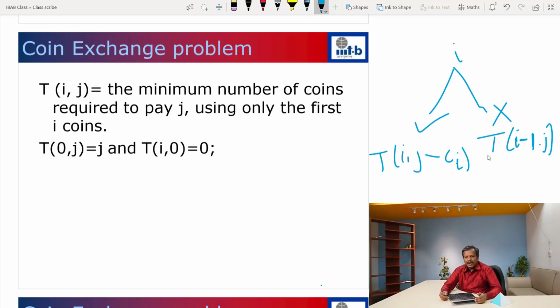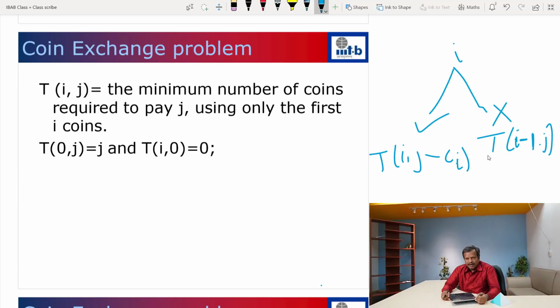Okay. So, we have two options given the ith coin. We are trying to fill the table which is T of i comma j, which is equal to the minimum number of coins that are required to pay for j using the first i coins. So, we look at the ith coin, we have an option either to use the ith coin or not use the ith coin.